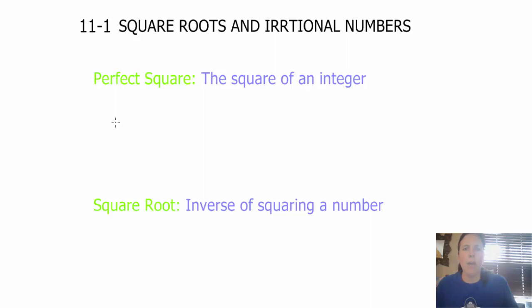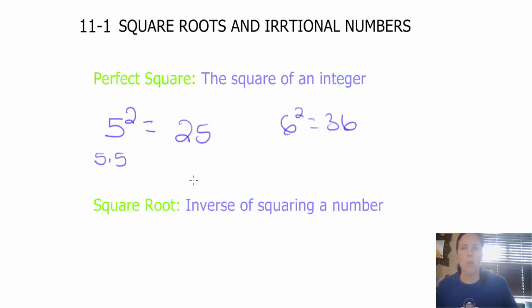So, if you have, let's say, the number 5, and you square it, that becomes 5 times 5, which equals 25. So 25 is a perfect square. If you have 6 squared, which is 36, then 36 is a perfect square.